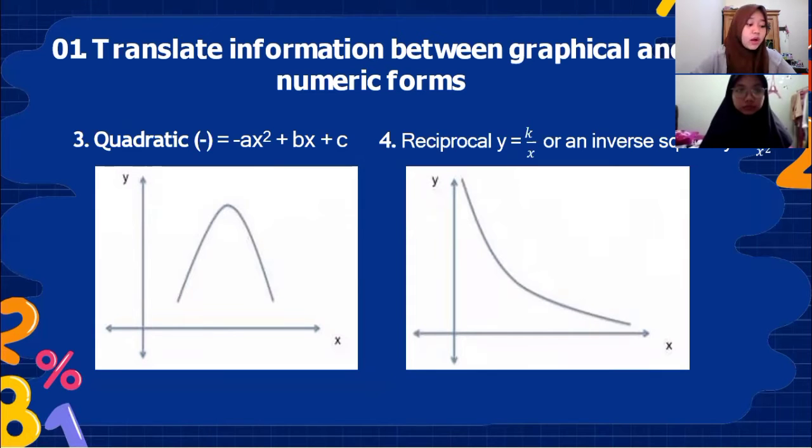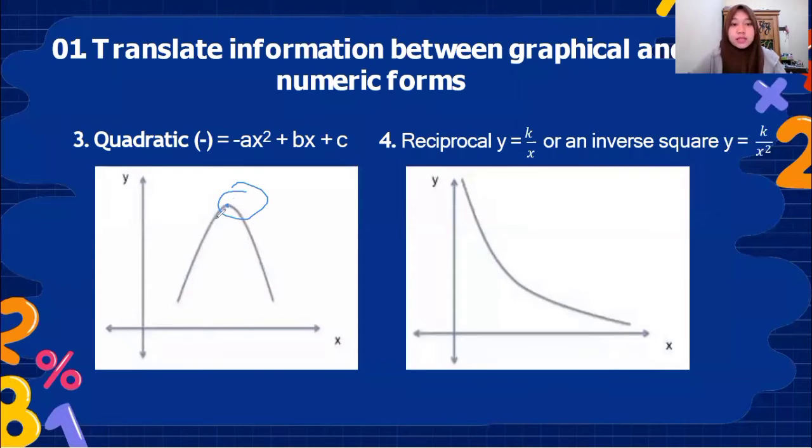Because a is less than 0, the curve opens down, and the vertex is the extreme point of the curve. It shows a maximum value for this form.